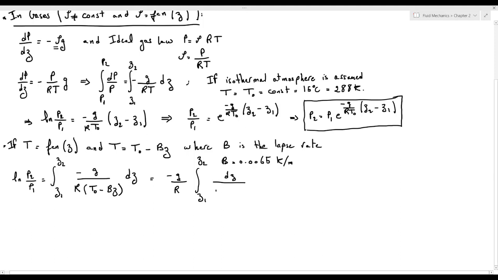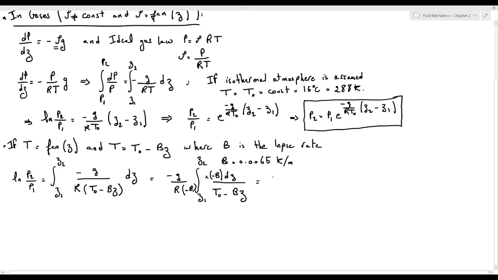So if we multiply by minus B, which is the derivative of T0 minus Bz, and we divide by minus B, the integral of u prime over u is just ln u.